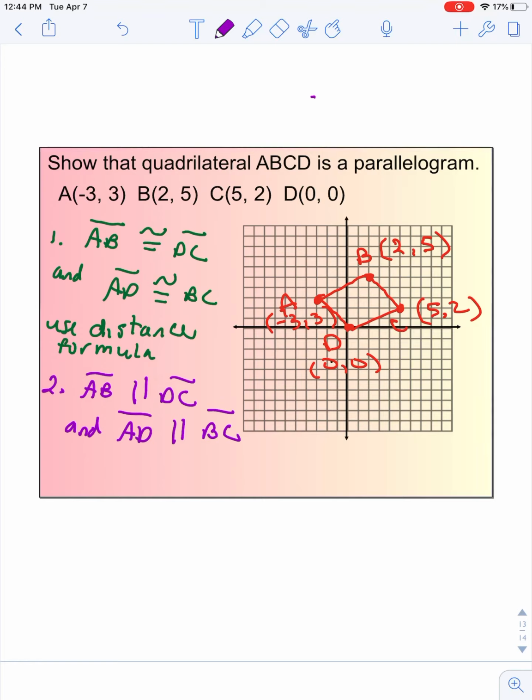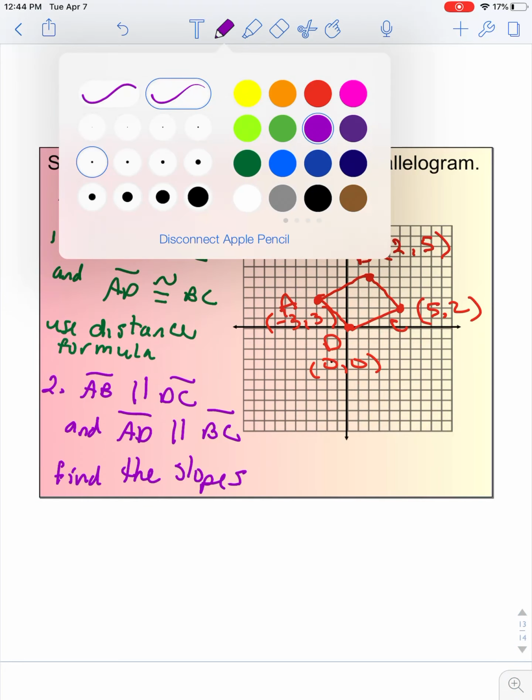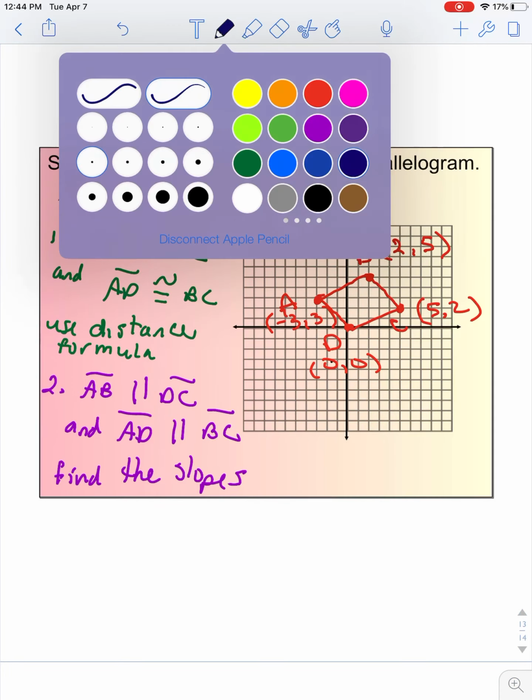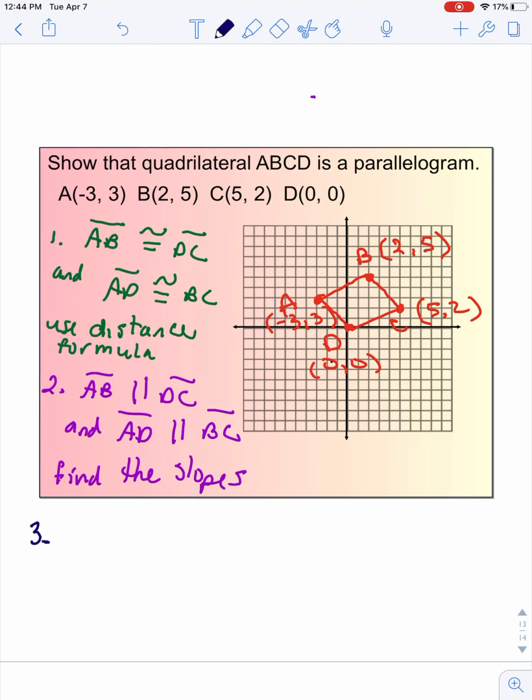So now all we have to do is find the slopes of each one. And there actually is another thing that wouldn't be too bad, and that would be, we could show that AB was parallel to DC using their slopes, and that AB was congruent to DC by using the distance formula.